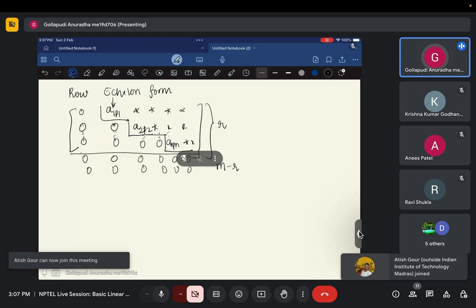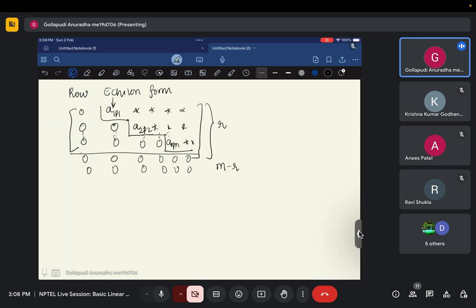Some examples were solved in the last class. So how is this done if you want to do some programming for standard methods? It is done using elementary matrix operations. For example, if Eij is the row interchange matrix, so if I want the ith and jth rows to be interchanged, then we can obtain it from the identity matrix.